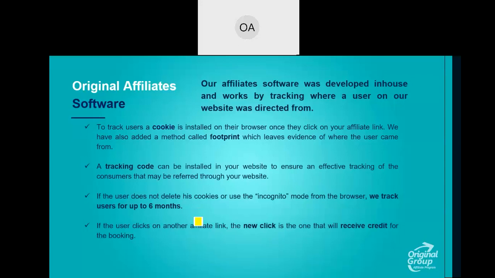So if one of your users saw an article on your social media account and clicked on your link, but then they visited a different affiliate's website and perhaps saw a promo code that they were promoting and you forgot to promote on your website, and they end up booking through their link, that affiliate is the one that is going to receive the credit for that booking.